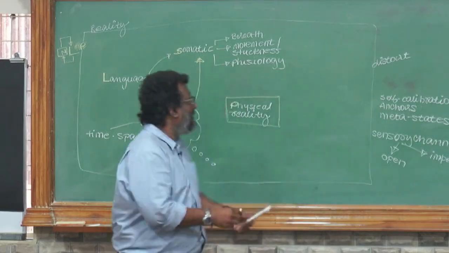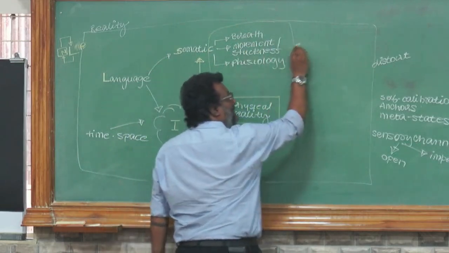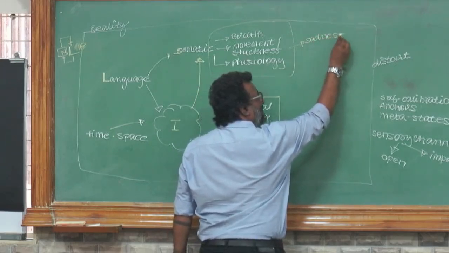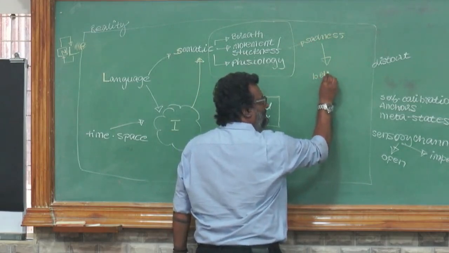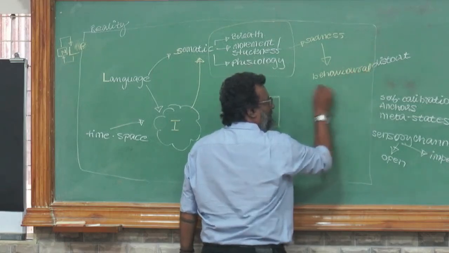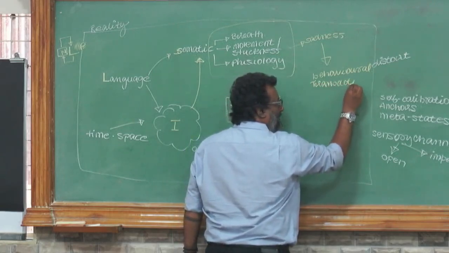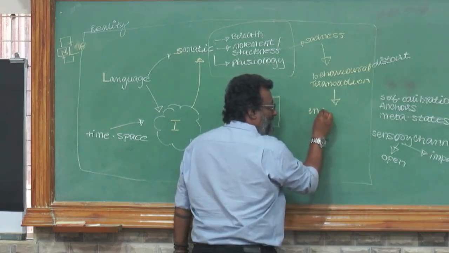Now we give a word to this. Now we further move this and we say, well, this means sadness. And then we move that further to a behavioral transaction. And then the behavioral transaction becomes an engagement between two people.